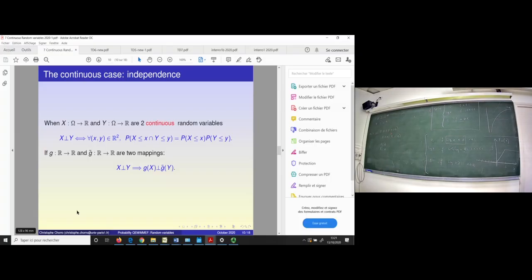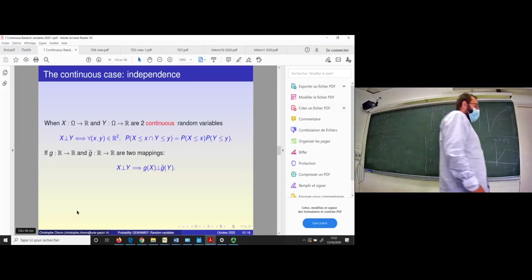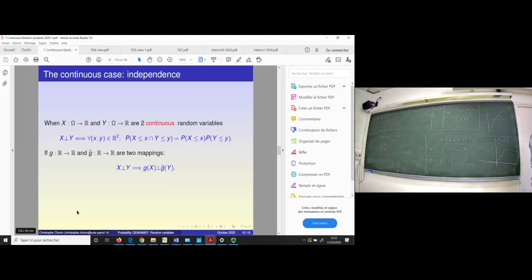So if I want to use words, I can say that two random variables will be independent if all the associated pre-images are independent in the sense of sets. That is, the probability of the intersection is equal to the product of the probabilities. In the discrete case, we were able to transform this equivalent definition a little.